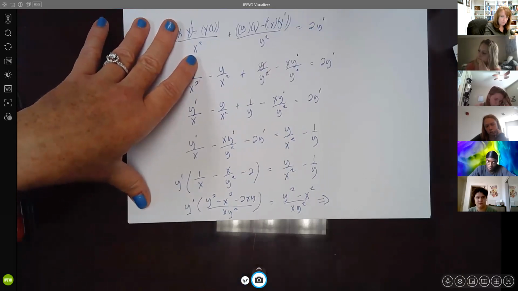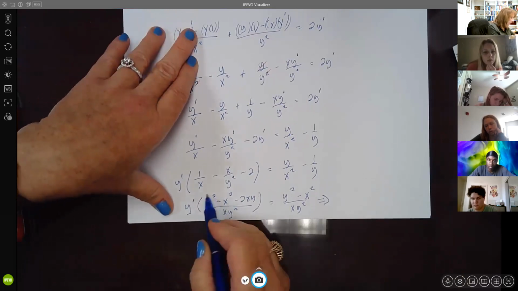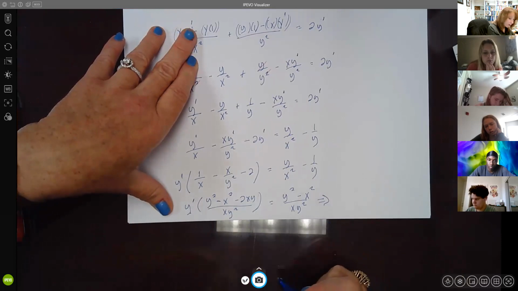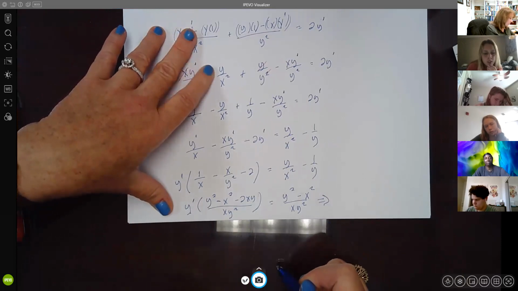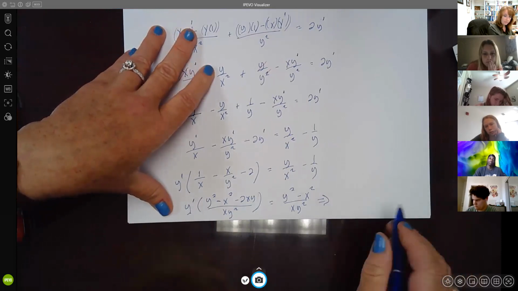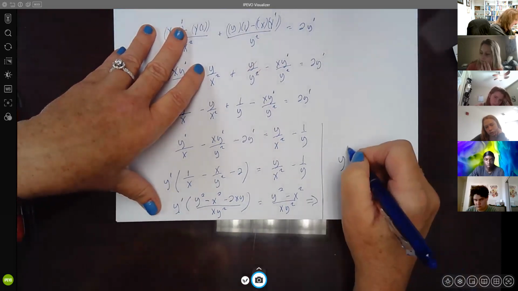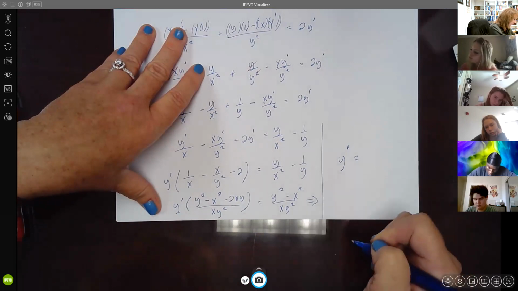Okay, cool. So if you were to isolate y prime, it has a fraction coefficient. So multiply by the reciprocal of the fraction. All right, which means my final answer, because I'm about to run out of space, is y prime equals, I'm going to put it down here.